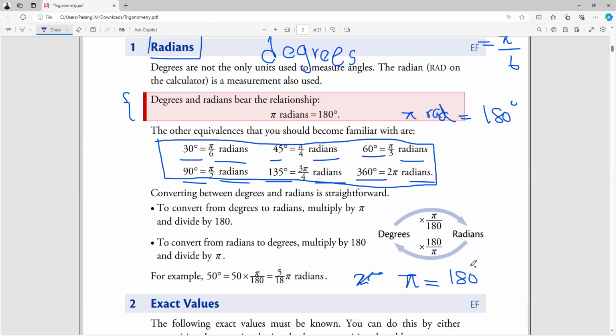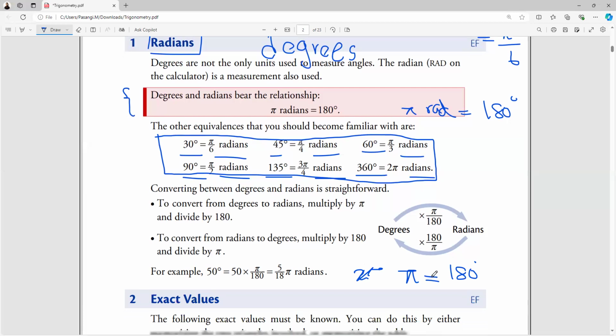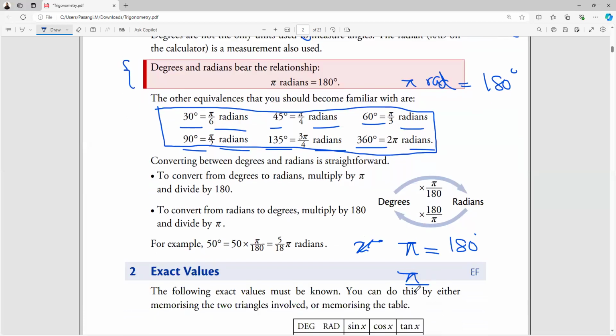Let's assume they have given, for example, to find the value of π over 3 radians in degrees.